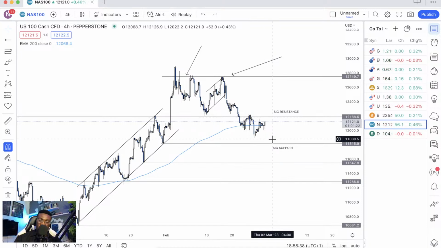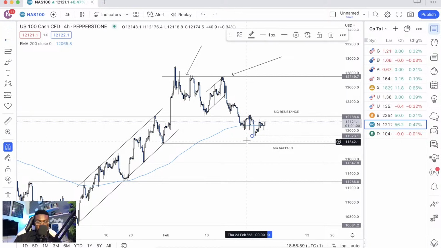So we want to pay attention to how it reacts. If you want to trade the range, you pay attention to how it reacts at the significant level, and if you see bearish momentum by candlesticks, then you can go ahead and execute your sell trades and have your target. So this can be your preferred first target.